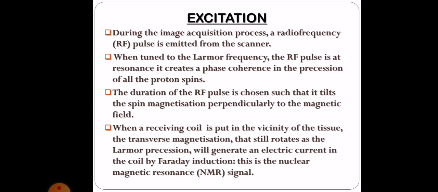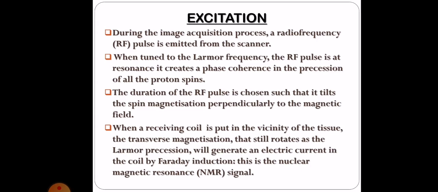Then the balance between the low and high energy populations is changed, and resonance causes the NMV to no longer lie parallel to B0. It is no longer parallel to the magnetic field; it now stays at an angle. The angle of the NMV is called the flip angle. The magnitude of the flip angle depends upon the amplitude and the duration of the RF pulse. It depends on how much radio frequency pulse we are giving.